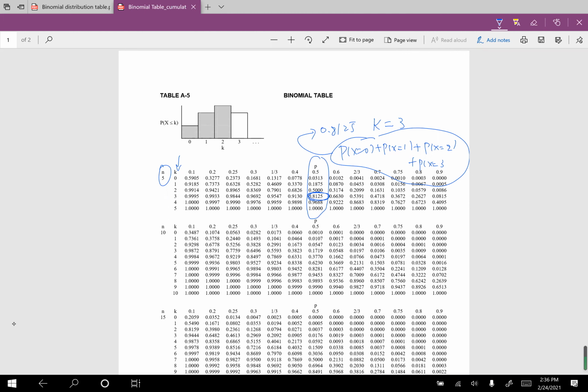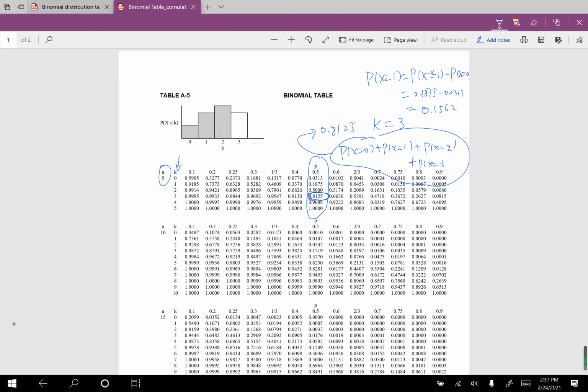Then it's easy to convert this cumulative table back to the binomial probability table, because we know 0.1875 is the probability of 0 plus the probability of 1. So if you want only the probability of 1, that is the probability of x smaller than or equal to 1 minus the probability of 0. So 0.1875 minus 0.0313 gives you 0.1562, the probability of x equals 1.